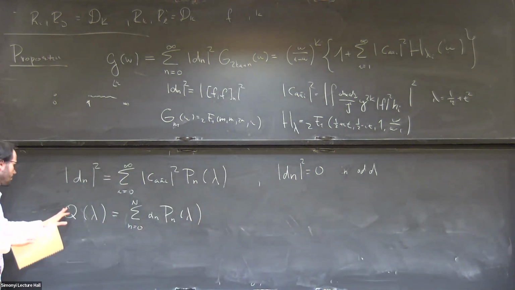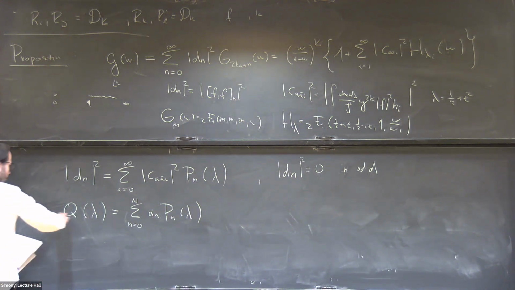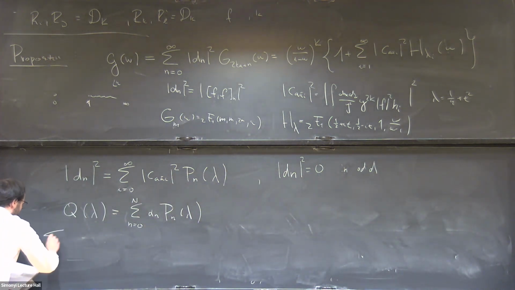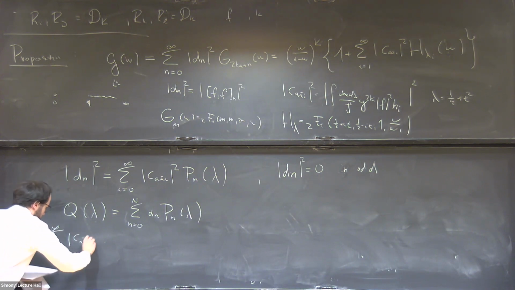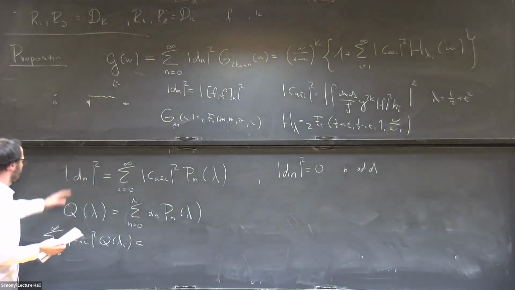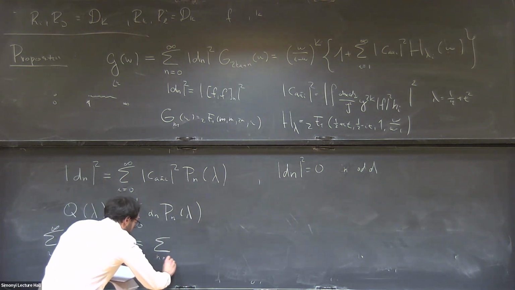So Q is a polynomial in lambda, and if we sum the polynomial with these weights over the eigenvalues, using these identities, you get just a sum from 0 to capital N over n even, because the odd terms drop out, of alpha n dn squared.